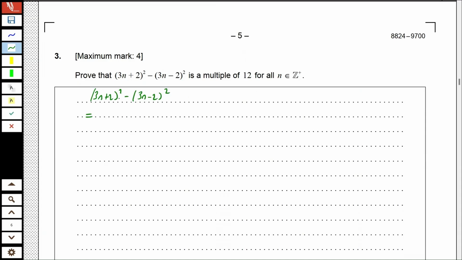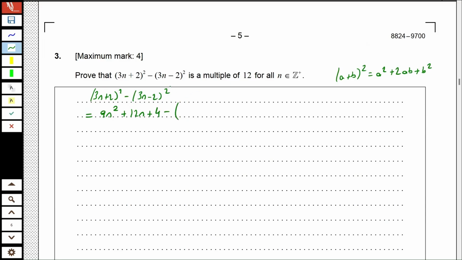I will write the complete square of 3n plus 2, which is 9n squared plus 12n plus 4, because I know that (a plus b) squared equals a squared plus 2ab plus b squared, and the square of 2 is 4.